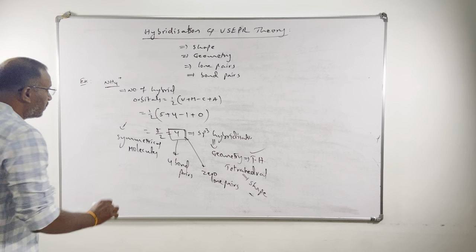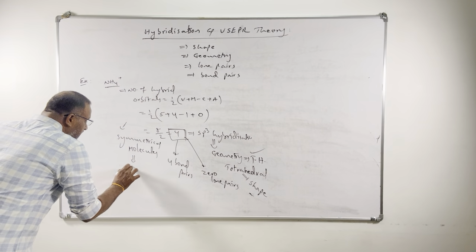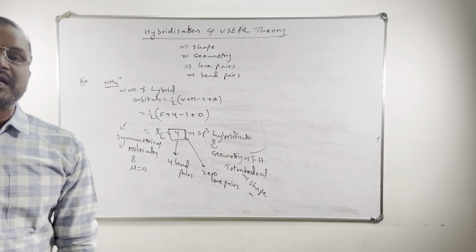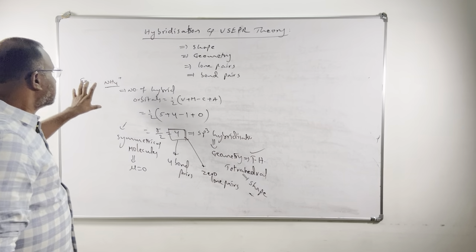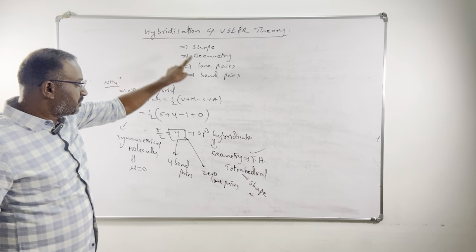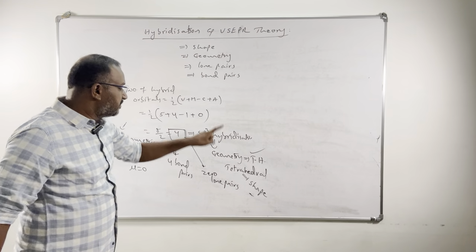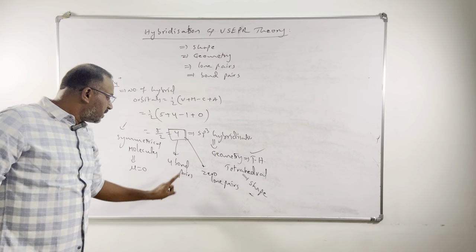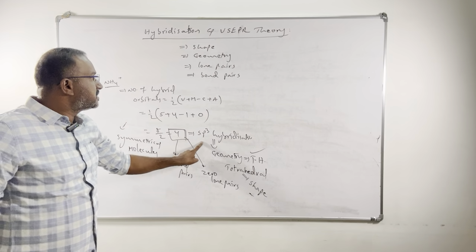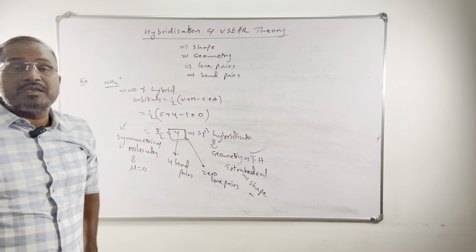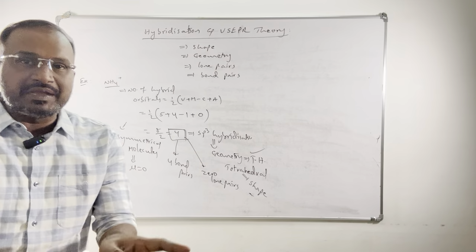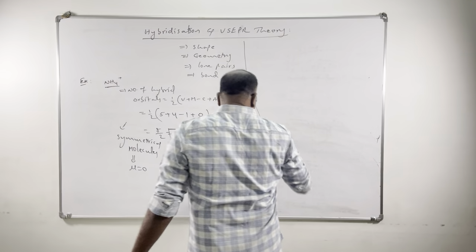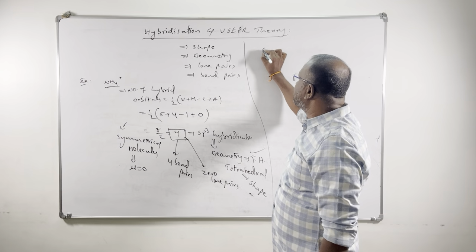Generally, the dipole moment for these molecules will be 0. Mu means dipole moment. For symmetrical molecules, the dipole moment will be 0. The shape is tetrahedral, the geometry is also tetrahedral, lone pairs 0, hybridization sp3. According to VSEPR theory, if there are no lone pairs, geometry equals shape. This is one example, and another example I will take here itself.